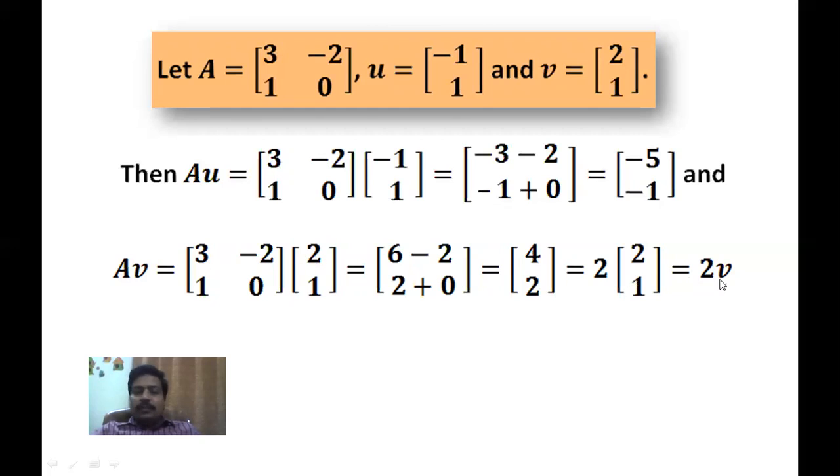So AV is equal to 2V. Now it is in the form of AX is equal to lambda x. Here the lambda is 2. So the eigenvalue is 2. And we can say that this V, that is 2 1, is an eigenvector for this matrix A. And this U is not an eigenvector for the matrix A.